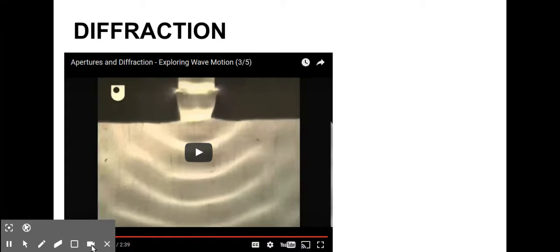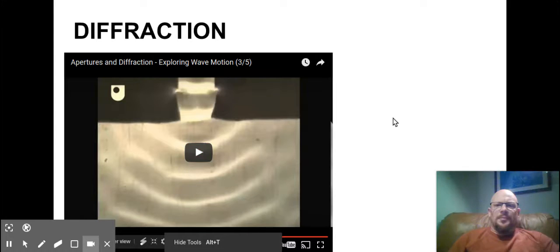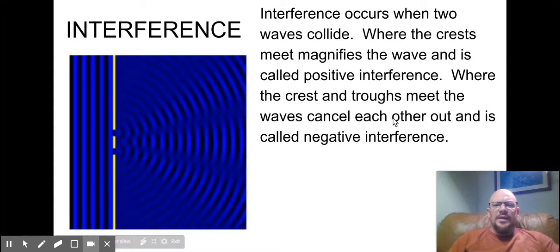One other thing for us to look at is this idea of interference. When you have two openings in a wall, that wave's going to come out and diffract around, and it's going to cause interference with each other. And so remember, interference occurs when two waves collide. Where the crests meet, it magnifies the wave, and that's called constructive interference.